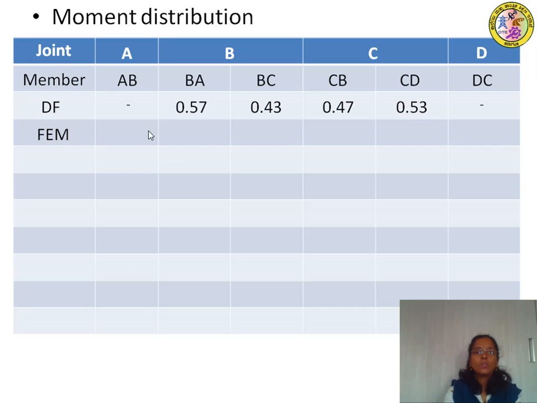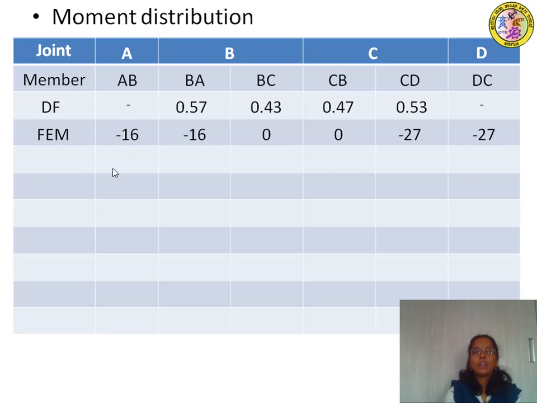MFAB is minus 16, MFBA is also minus 16, BC 0, CB 0, because BC is the horizontal member, so it is not subjected to any displacement. For CD it is minus 27, and for DC it is minus 27. So next, first we will balance the extreme joint.